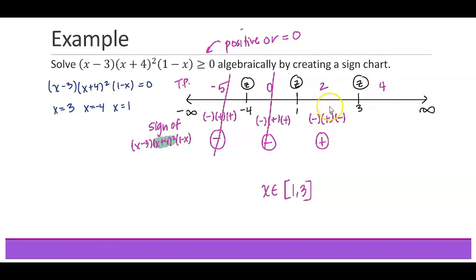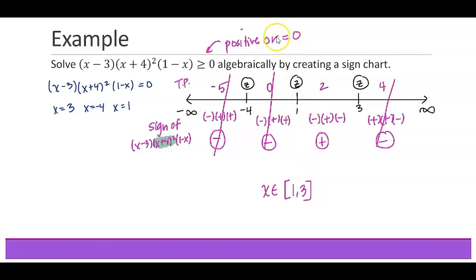And then let's check 4. So if I substitute in 4 minus 3, that's going to give me a positive. And then the middle is always positive, and 1 minus 4 is going to give me a negative. So overall, this interval is negative. So I do not want this last interval either. Now, there's one small thing that we have to make sure that we don't forget.